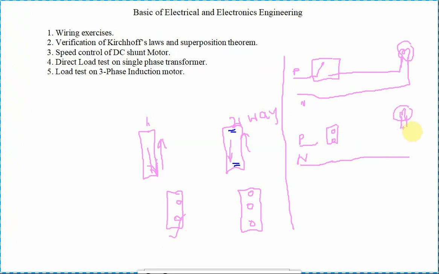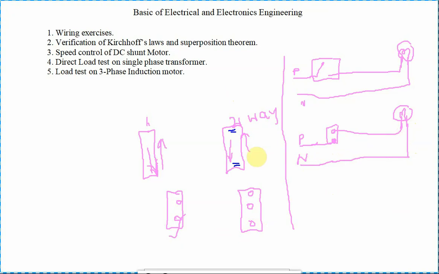The phase line is connected to the bottom point, and the other point is taken to the lamp. So this is the method you need to connect the one-way switch.